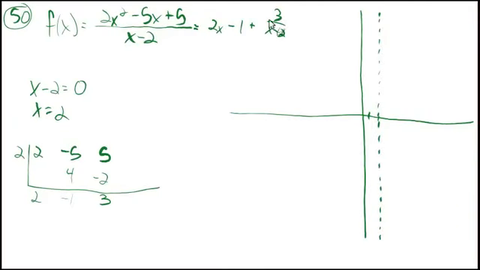And we had talked about how as we go off to positive and negative infinity, this becomes less and less influential. It changes the value of this less and less. It adds less and less to this. So this is what we call a slant asymptote, with a y-intercept of negative 1 and a slope of 2.